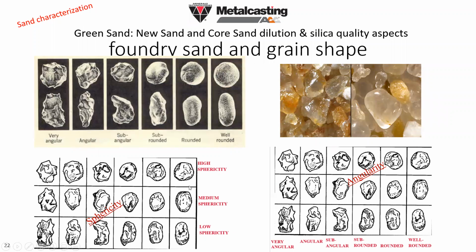You also have different ways to classify the sand, such as sphericity and angularity, and a table where you can define high sphericity, low sphericity, and very high angularity to well-rounded. It is also a way to classify sand according to region in the world and potentially to correlate to strength for core making or for green sand making.